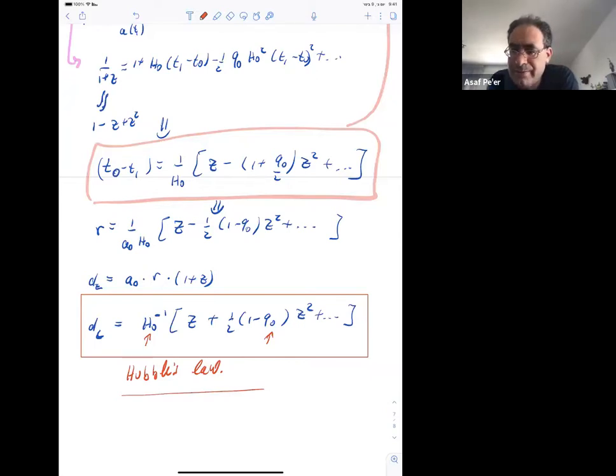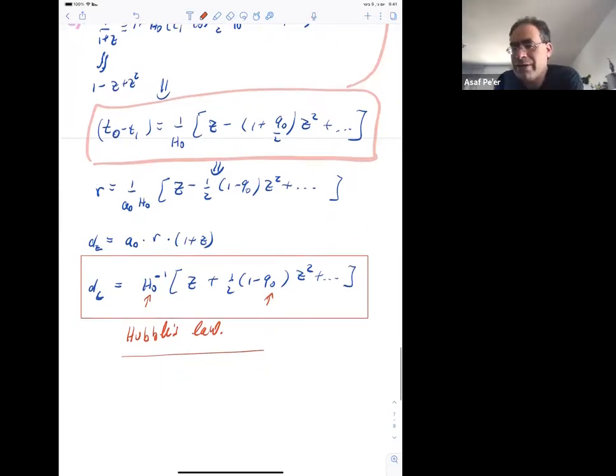So by being able to identify the distance to galaxies, which is an interesting story by itself, how it's being done. I don't know if this is the right place to speak about it. The redshift is something which is relatively easy to determine. This is based on spectroscopy, indeed, spectral lines. Distance is much more difficult, but can be done if you have standard candles, which you did have.